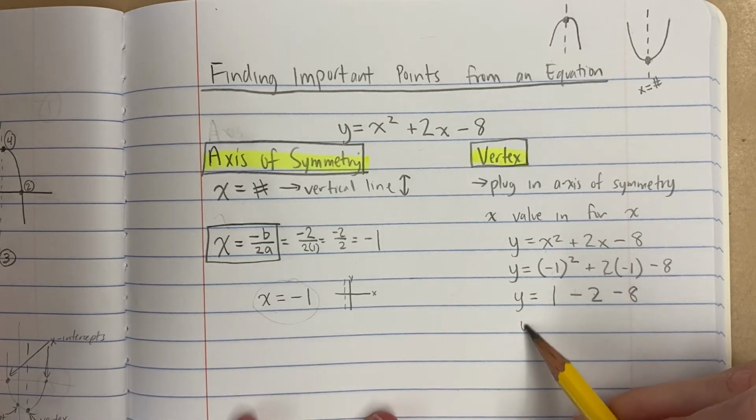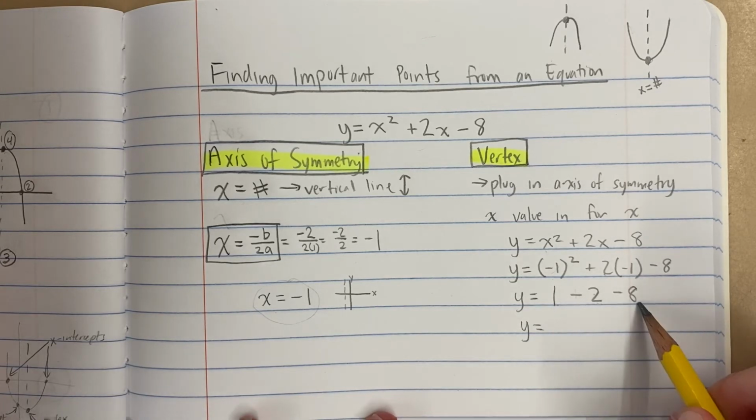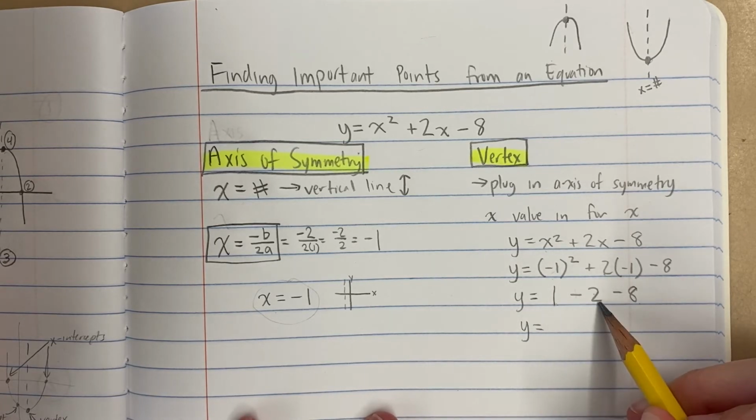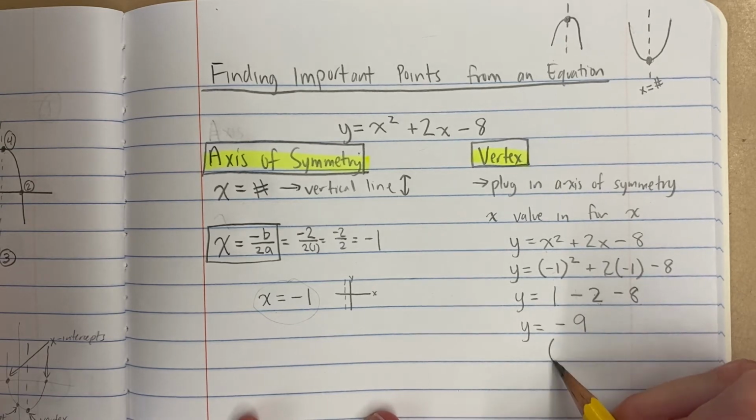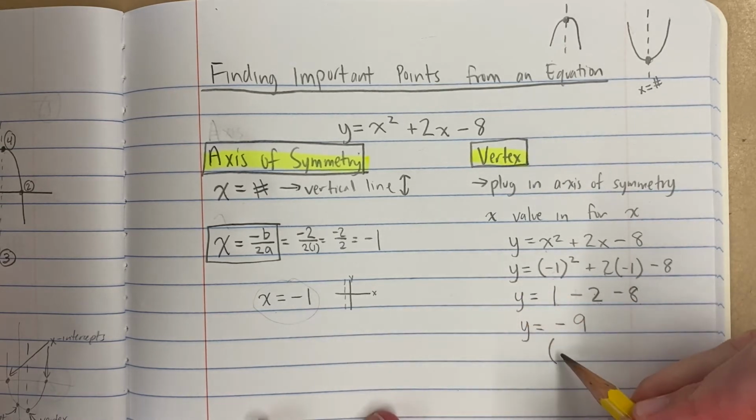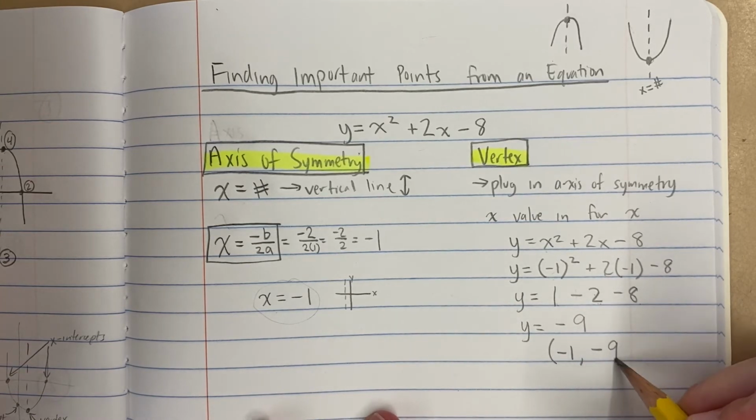Now you can put this all in your calculator at once if you want. 1 minus 2 minus 8, or you can do 1 minus 2, that's negative 1, minus 8, it's negative 9. So my x value was negative 1, and my y value is negative 9.